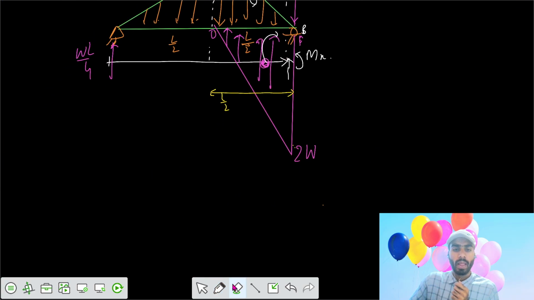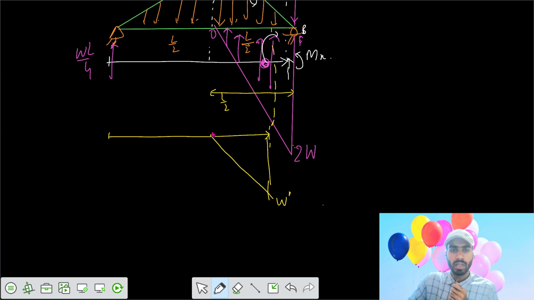Let's say the X value is somewhere here, and the loading intensity is this part W dash. Say the loading here is W dash. The value of X is this part. Okay, and loading is acting downwards. The centroid is somewhere here, and you want to find the value of this length on which that UVL is acting.